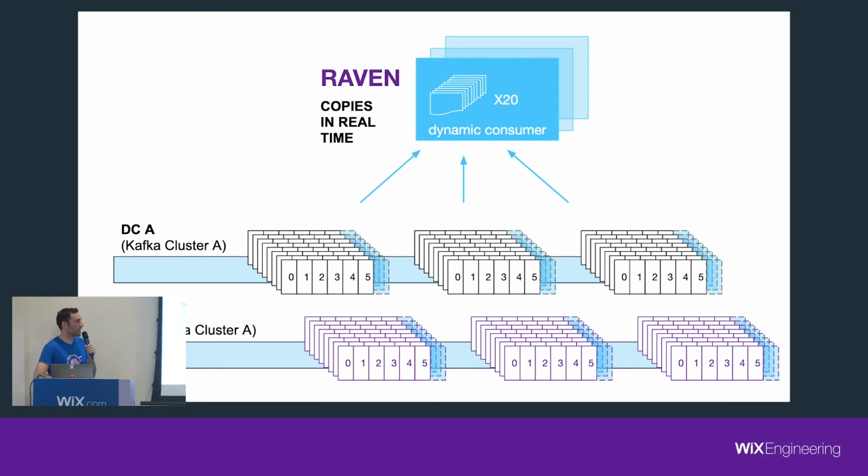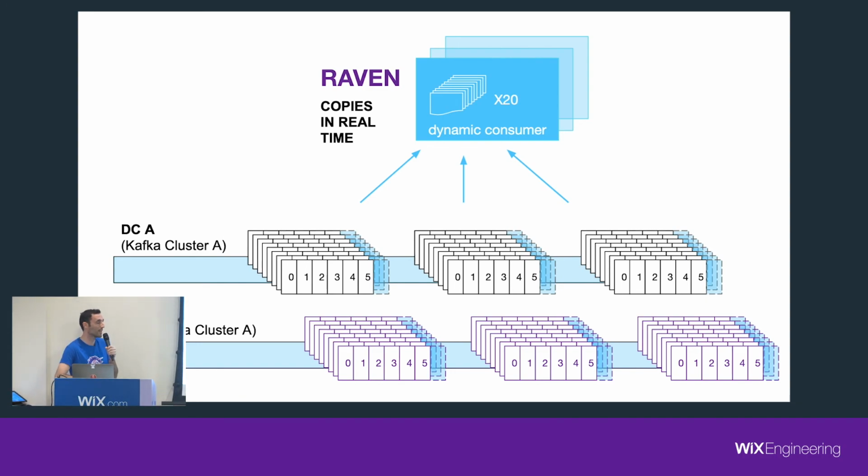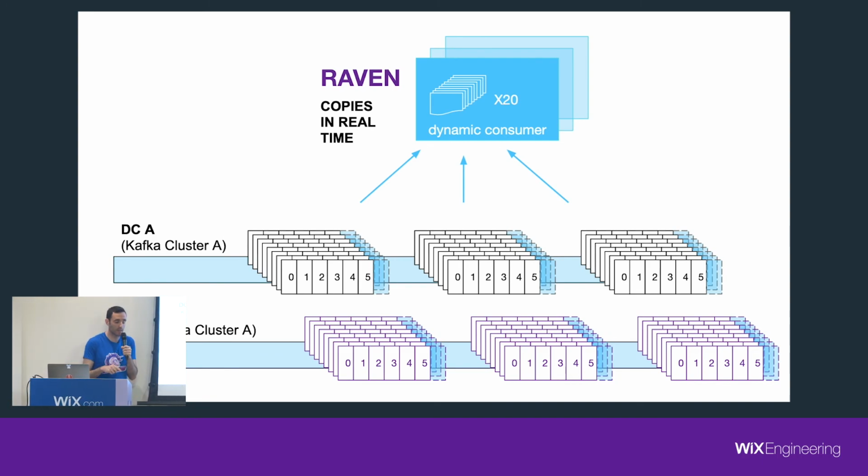It's quite a simple design. You just use the Greyhound consumer, but it's a dynamic consumer that can subscribe to more and more topics dynamically as it needs. It has a lot of partitions, obviously, for each of the instances. And then it will consume a message from one data center and produce to the other data center according to what the users configured. So quite a simple design here.